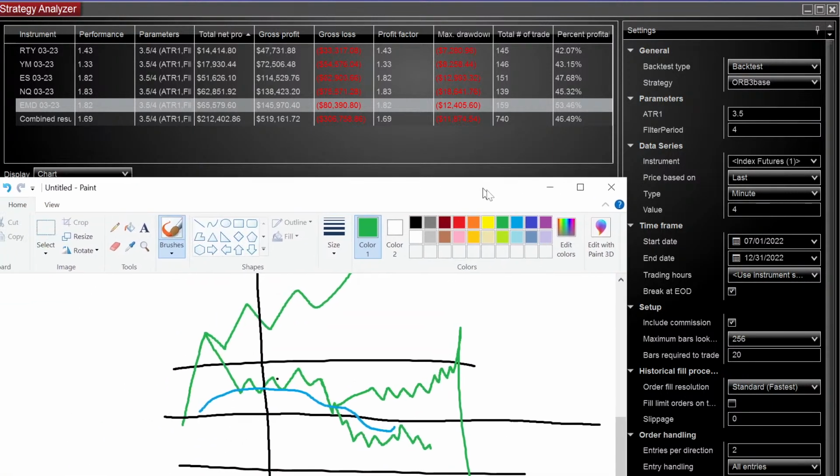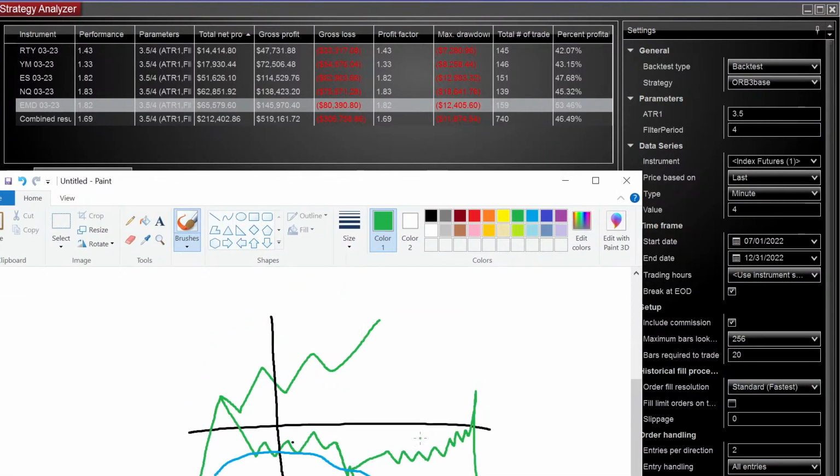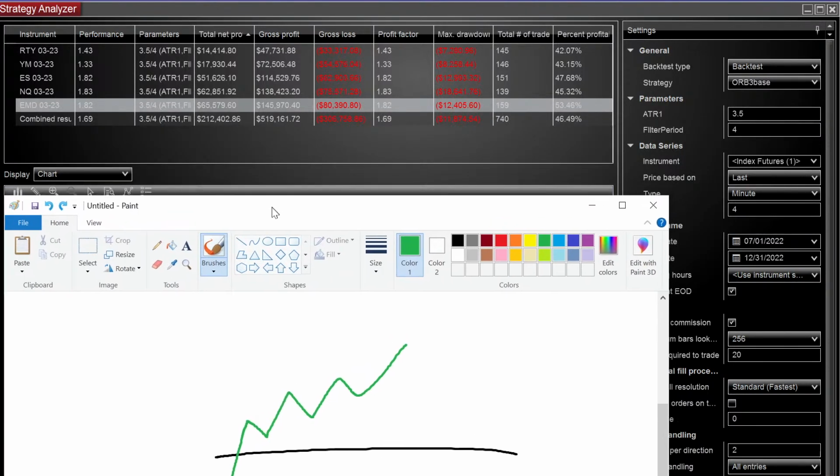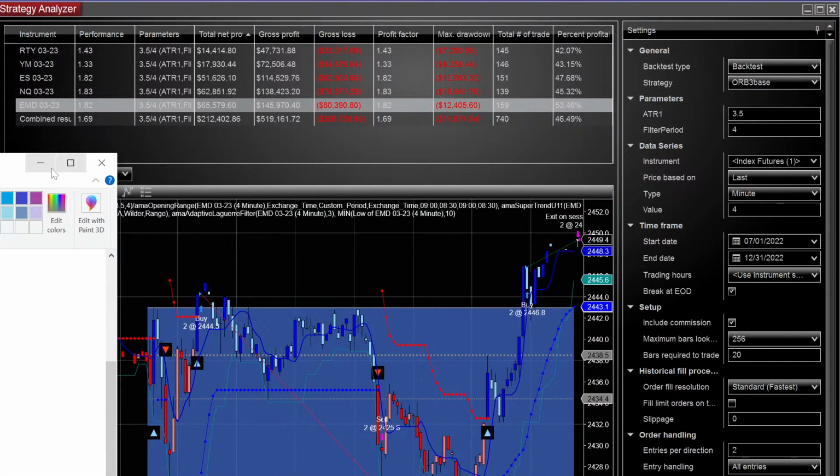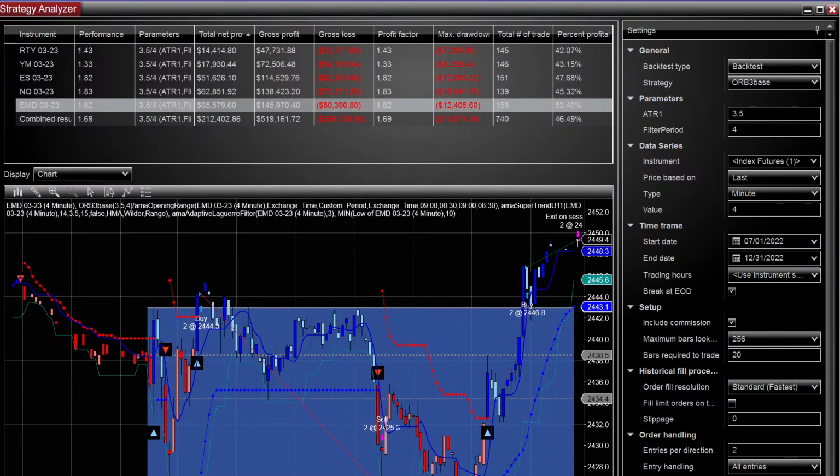So, we explored a lot of different trade management options. And honestly, there are still a few more I have good ideas for. I don't think we're going to touch on that right now. Now we're going to move on to something else.